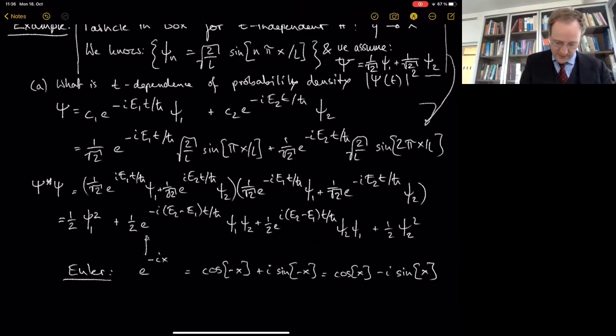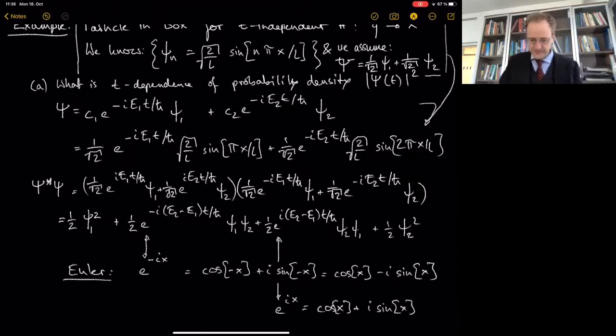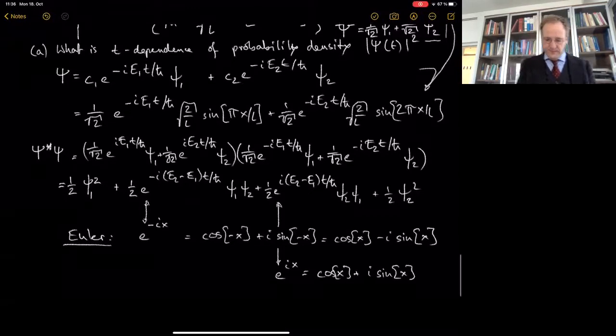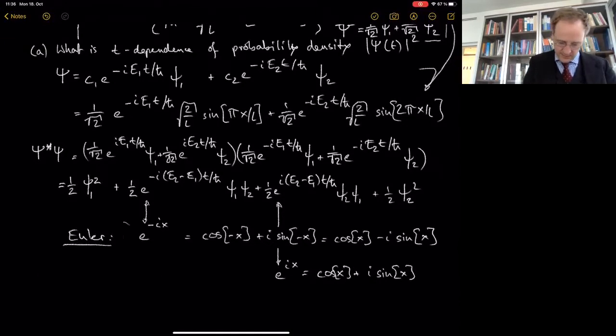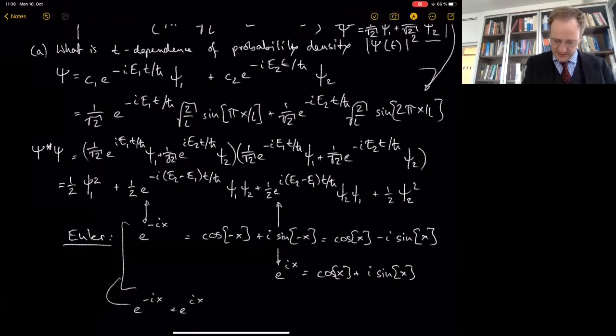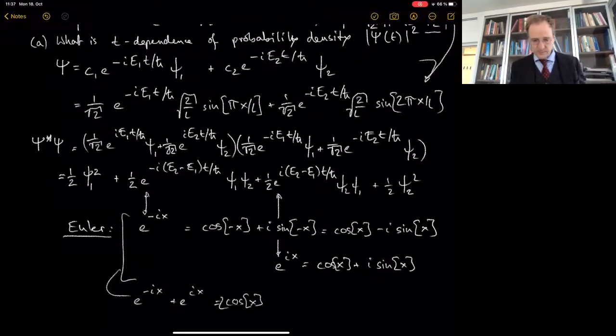And we have something similar. If you consider this, then e to the ix is cosine x plus i sine x. So this means e to the minus ix plus e to the ix is 2 times cosine x.